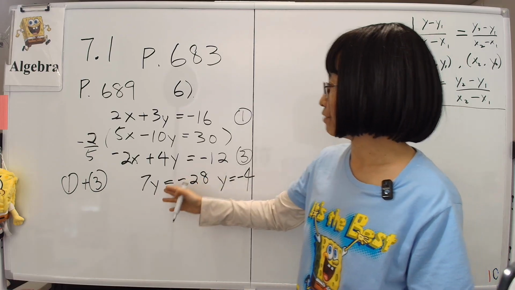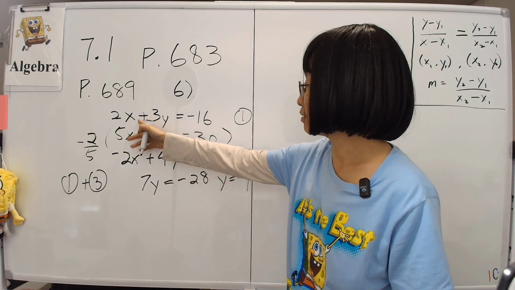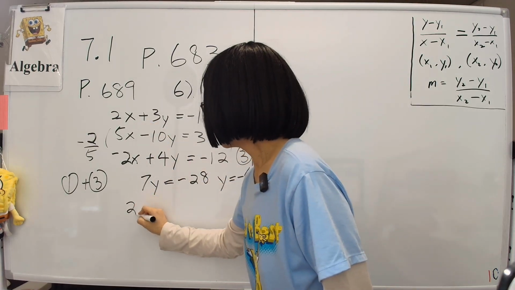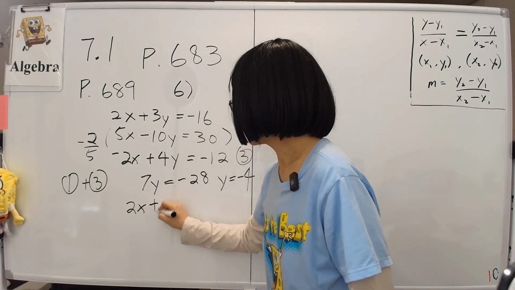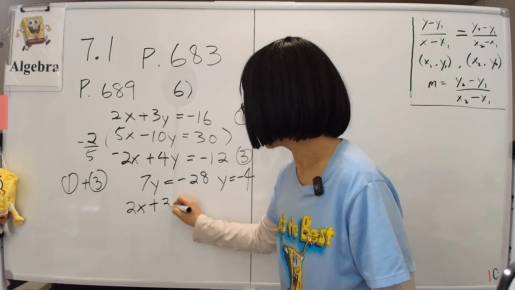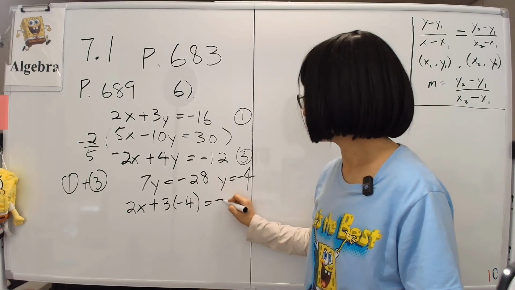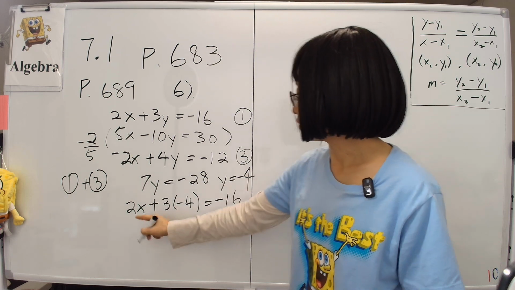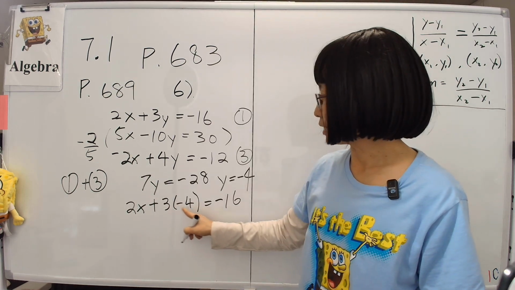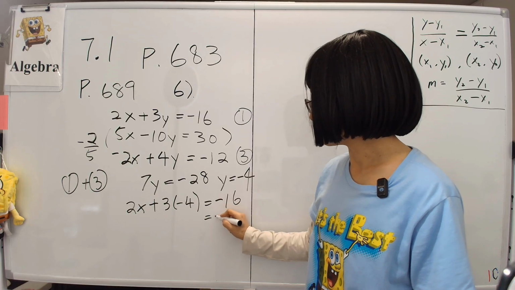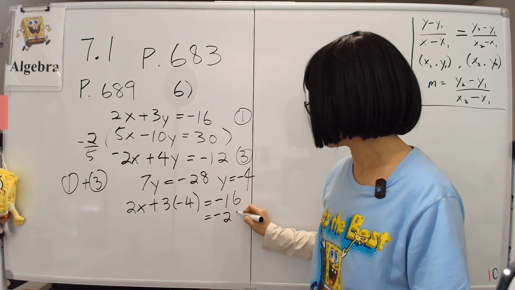And from there we can find x from this equation. Then we get 2x plus 3y, 3 times minus 4, and that is supposed to be equal to negative 16. If that is the case, that's minus 12, and add up over here, that is equal to minus 28 again, right?